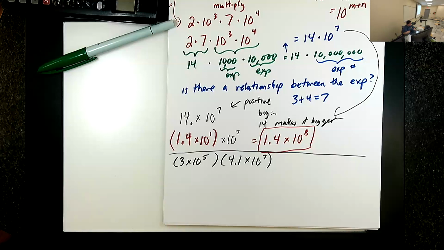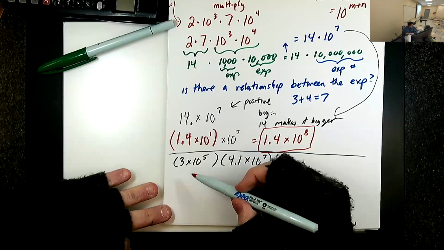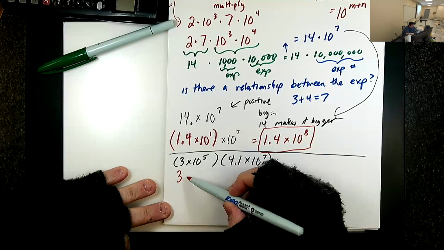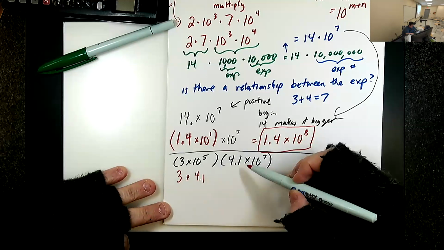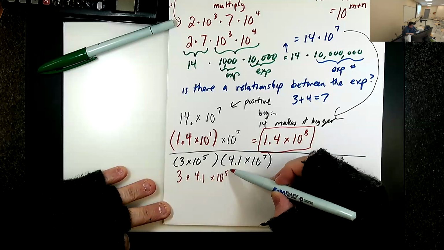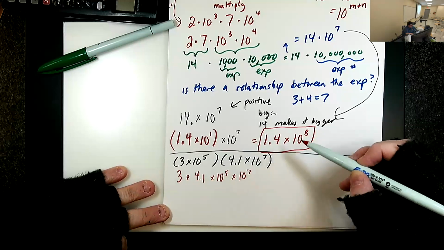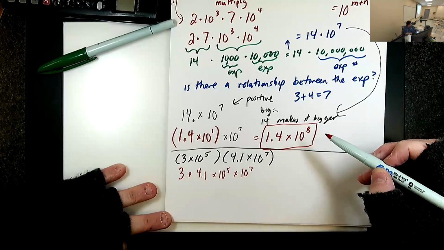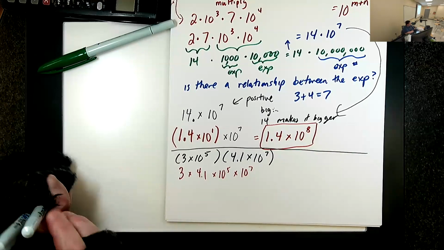All right, let's give it a try. Let's see what we get. So if I do the 3 and the 4.1 together, and then I have the 10 to the 5th and the 10 to the 7th. Actually, let's see what you guys got.